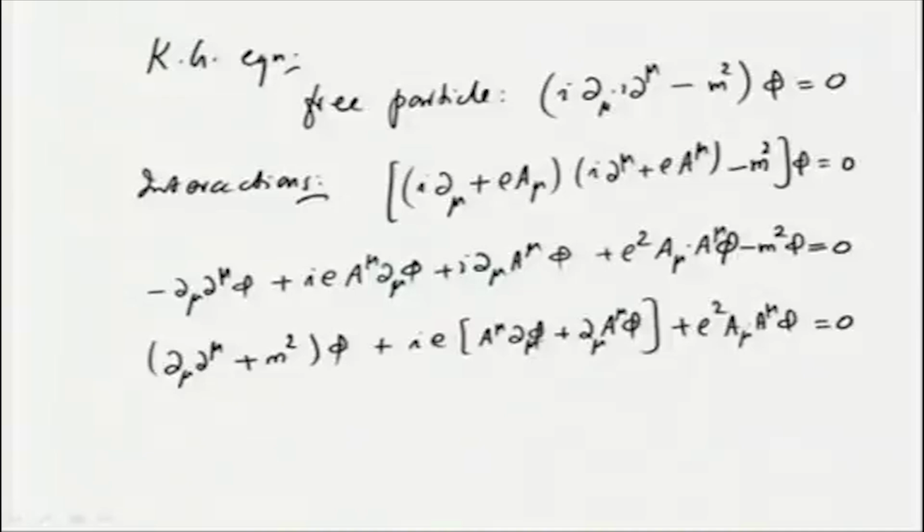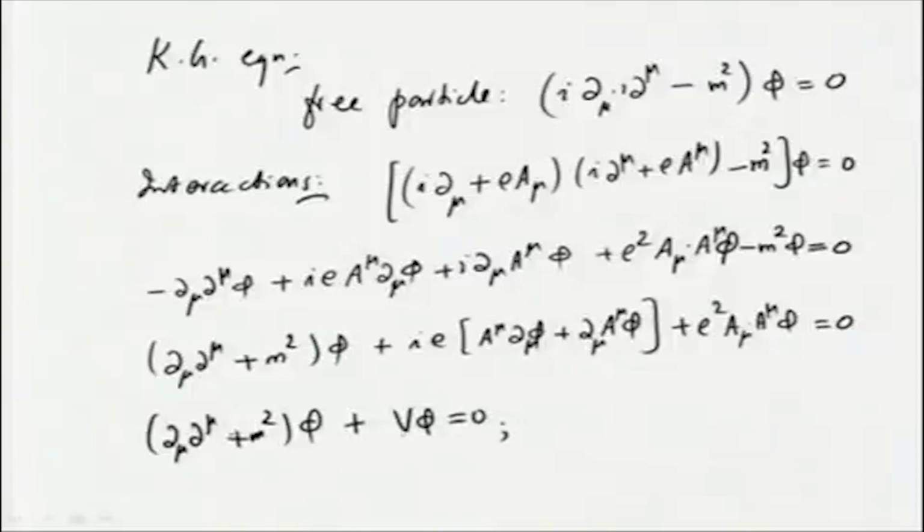Phi was missing there, so I just added that. Call this the potential. So, let me rewrite this equation as del squared plus m squared, which is the free part, acting on phi, plus V phi equal to 0.